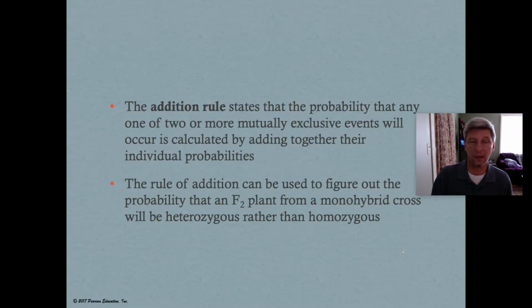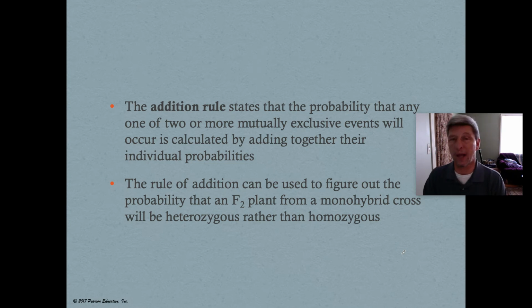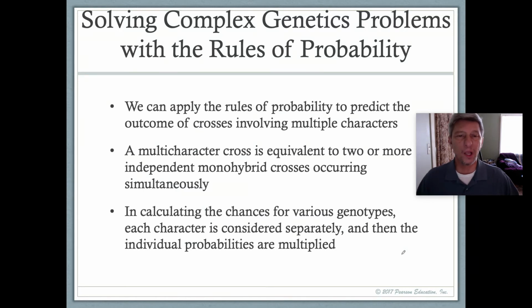Okay, and that's the multiplication rule and the addition rule as it applies to the law of segregation and the law of independent assortment. So we can use these rules of probability to look at multiple characteristics, not just one trait at a time, but many traits at a time. And of course, the math is going to get a little bit more complicated than just flipping two coins. But a multi-character cross is equivalent to two or more independent monohybrid crosses occurring simultaneously.